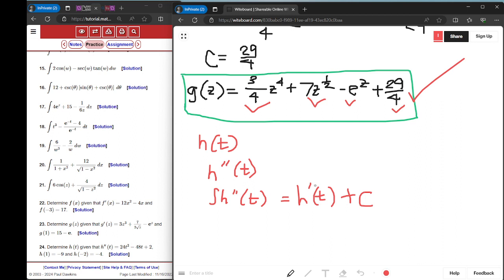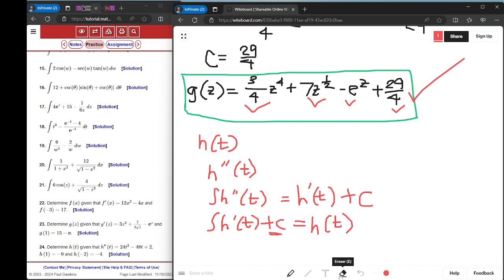And it's still not h of t, but h prime of t. So we need to integrate h prime of t plus c, and that would be equal to h of t. Then what would happen to the plus c?